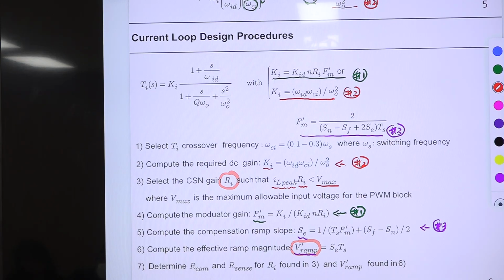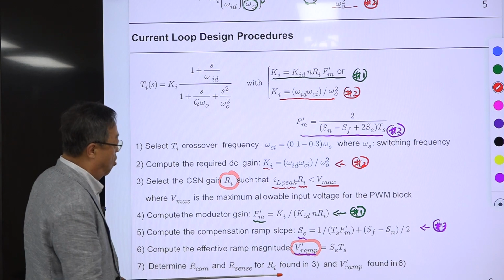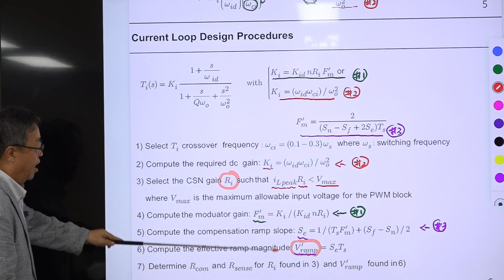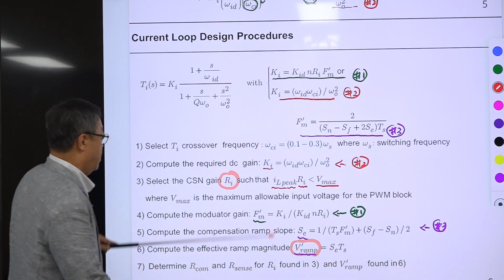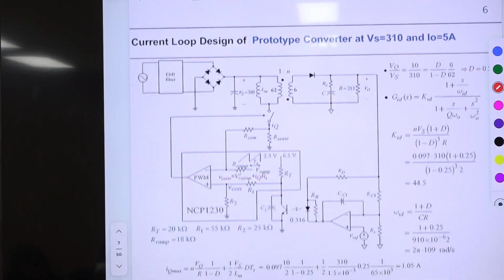The next task is to determine Rcomp and Rsense for the desired value of Ri. Evaluate at this number 3 and Vramp prime to obtain this, and you select these two values. That is the step of determining the two resistances, which is fairly straightforward.